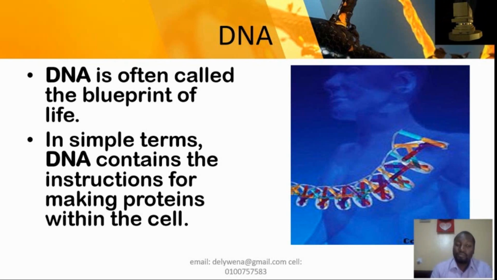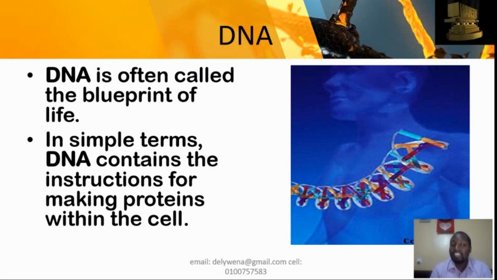And each chromosome carries instruction for making many different proteins. Okay? So because the DNA carries that code that instructs the cell about which kind of proteins it should make, each chromosome carries instruction for making many different proteins.